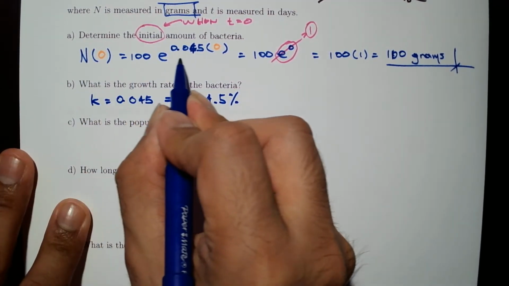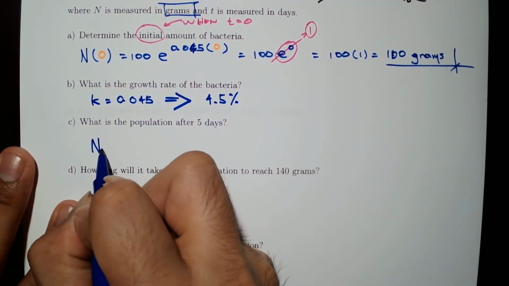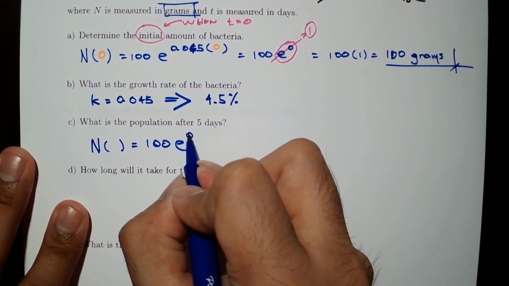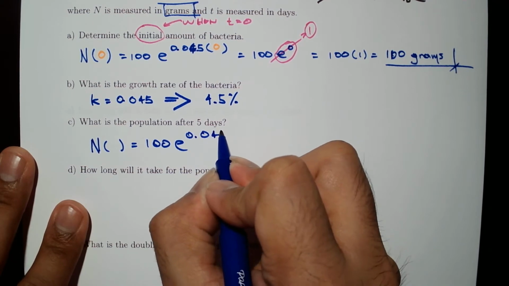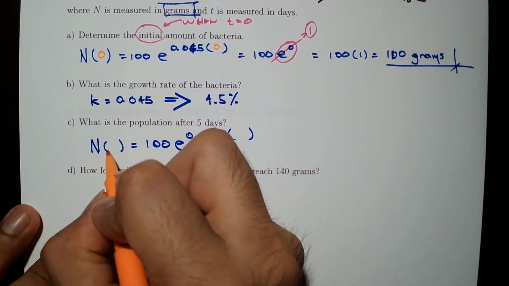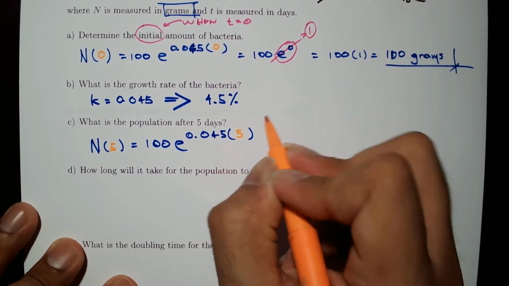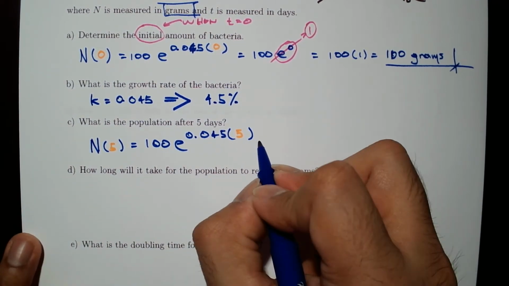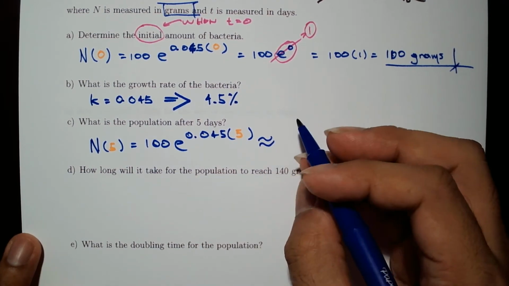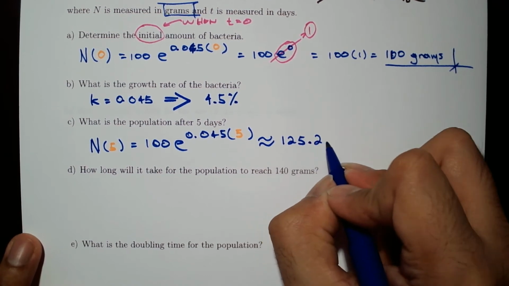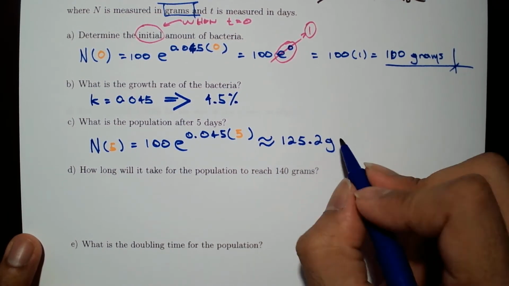What is the population after 5 days? Very similar to letter A, but instead of plugging in a 0, we are going to plug in a 5. All we do is plug this into the graphing calculator, and I get approximately 125.2 grams.